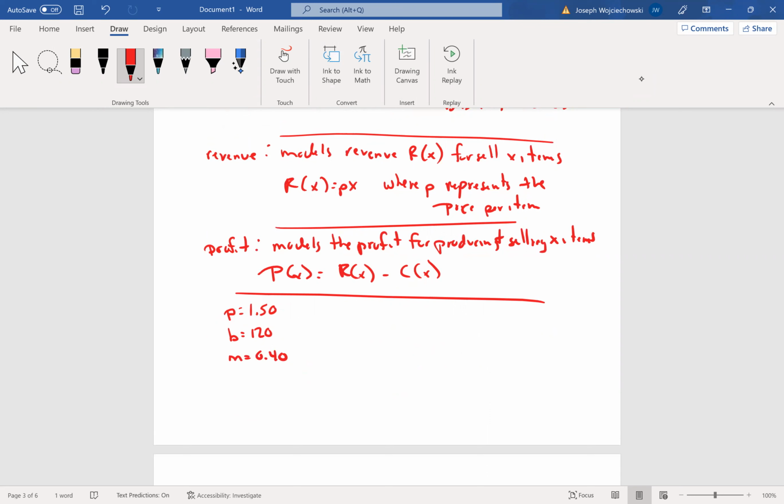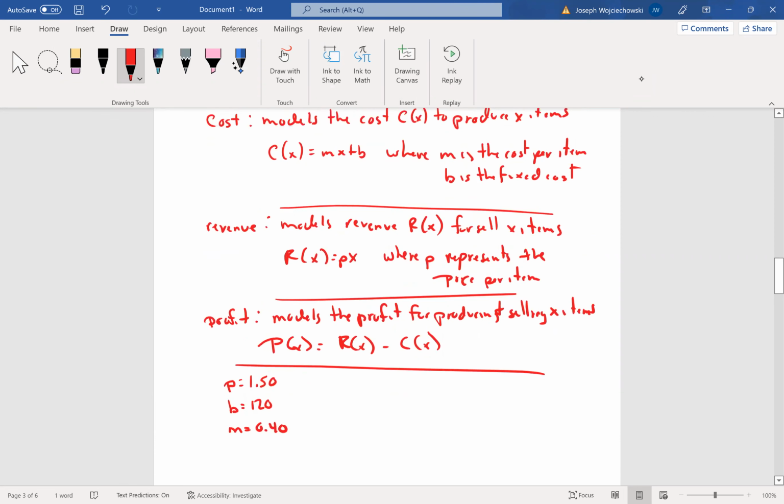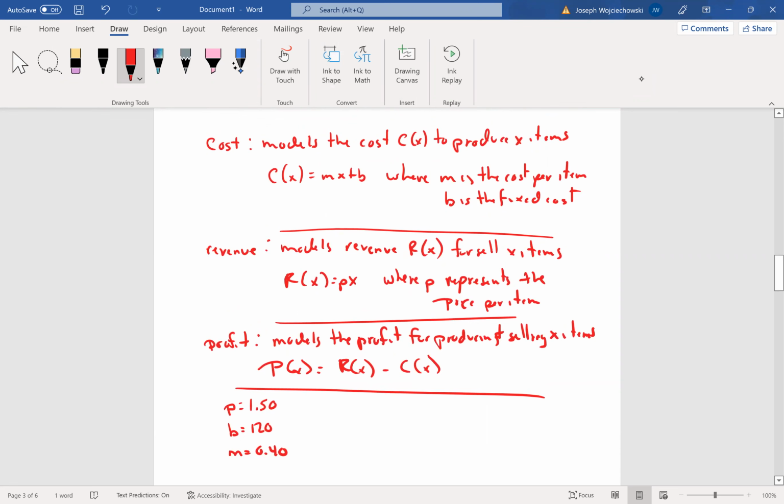First thing we want to do, write a cost function to produce X cups. C of X is equal to MX plus B, where M is the cost per cup of 40 cents times the number of cups X, plus the startup cost B. Next, write a linear revenue function for selling X cups.